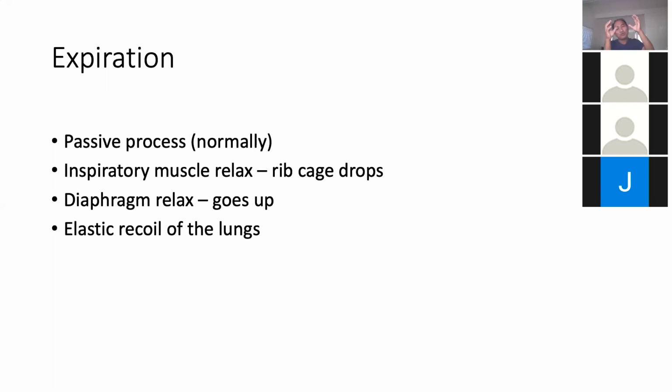By doing so, it will squeeze the air out from the alveoli into the trachea and out. So that is inspiration and expiration. Inspiration, breathing in, is an active process. Forceful inspiration, you have to use more muscle, but expiration, you just relax. Elastic recoil squeezes the air out of the lungs.